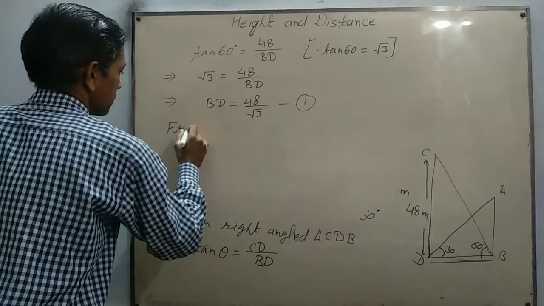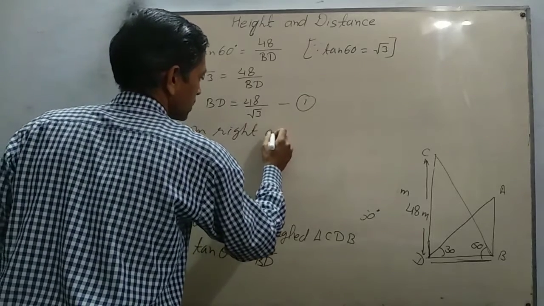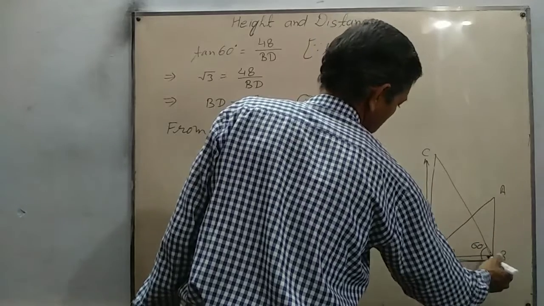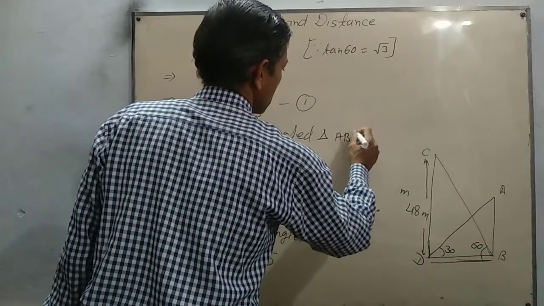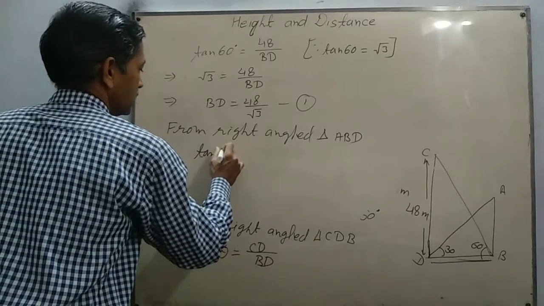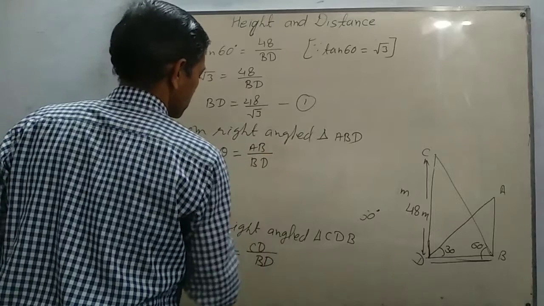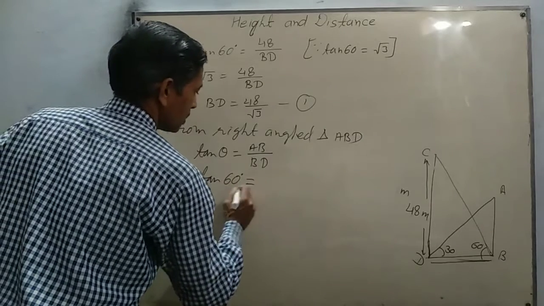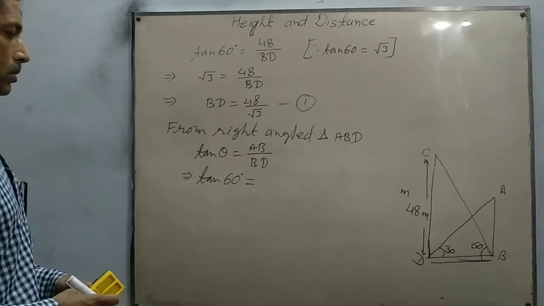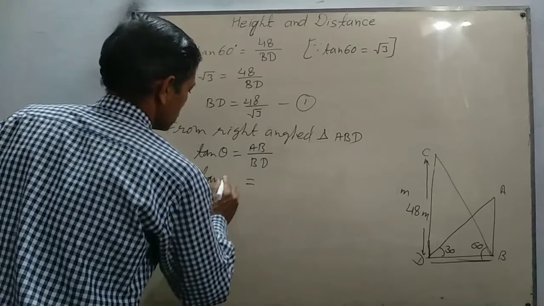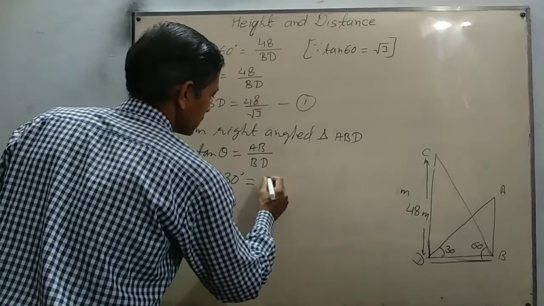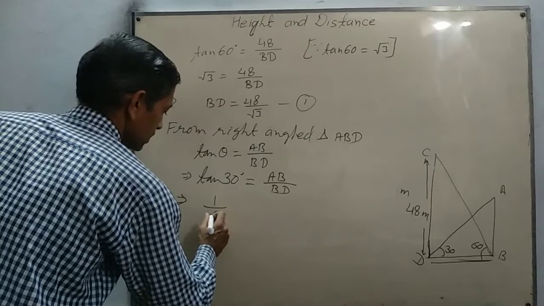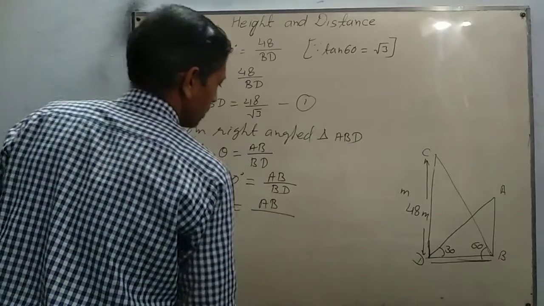From right angle triangle ABD, tan theta is equal to AB upon BD. थीटा की वैल्यू 30 डिग्री है, so tan 30 degree is equal to AB upon BD. tan 30 की वैल्यू 1 upon √3 is equal to AB upon BD.